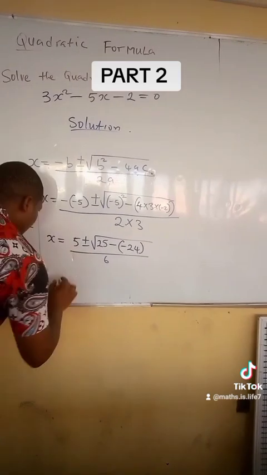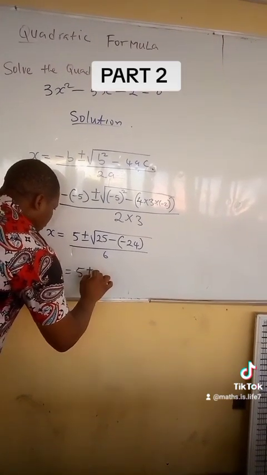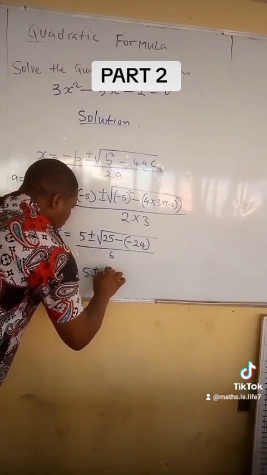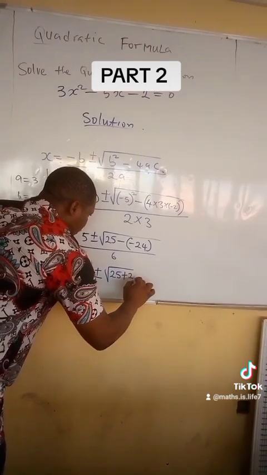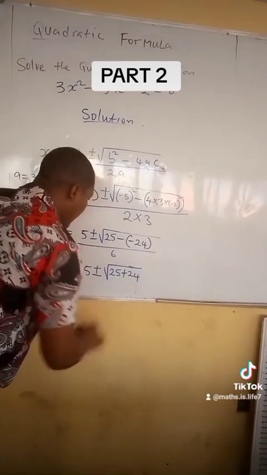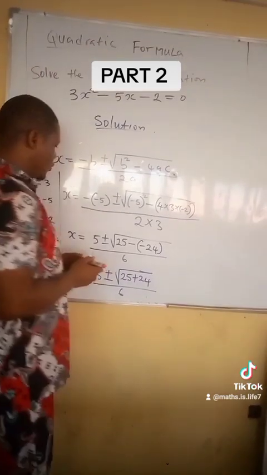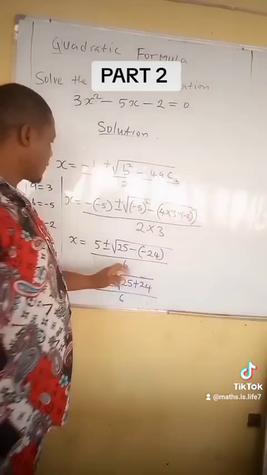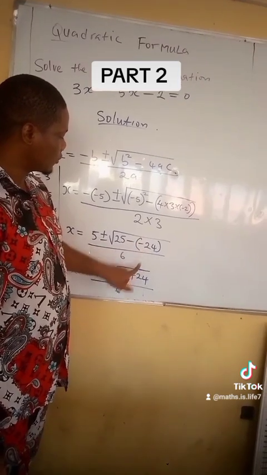Now, let me take the next step. This will be 5 plus or minus the square root of 25 plus 24, all over 6. In case you are wondering how I got plus here, look at the essence of the bracket. Minus times minus will give us plus.